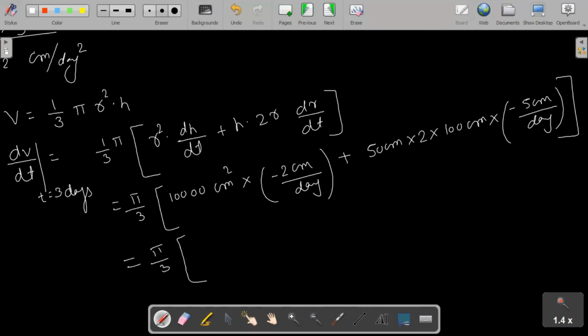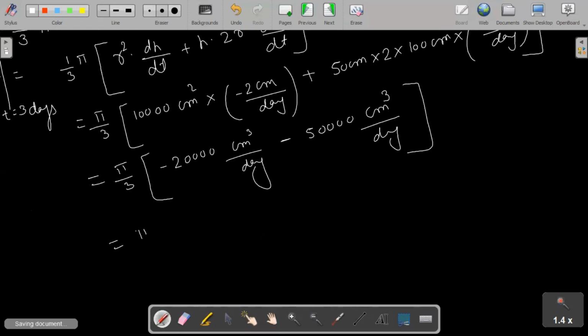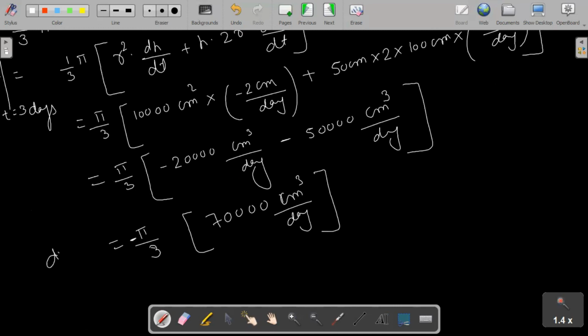Pi by 3 times minus 2, centimeter cube per day, minus 5, centimeter cube per day. So the overall answer will be pi by 3, taking the minus out common, 70,000 centimeter cube per day. So this will be dV upon dt at t equal to 3 days.